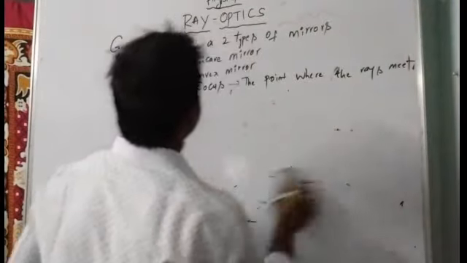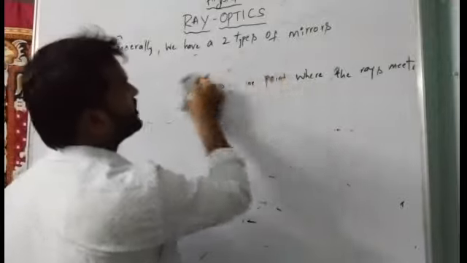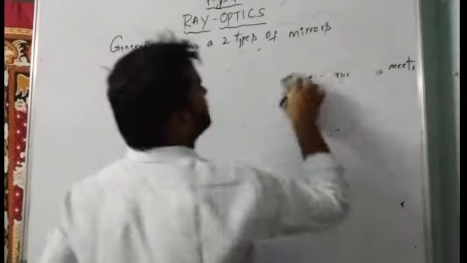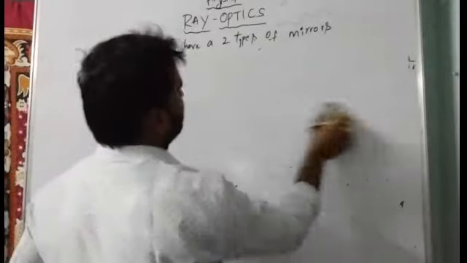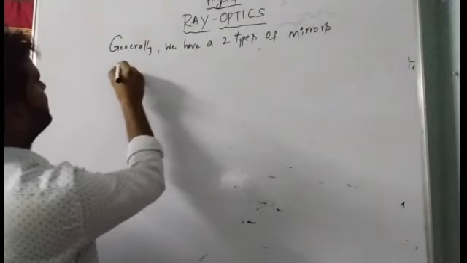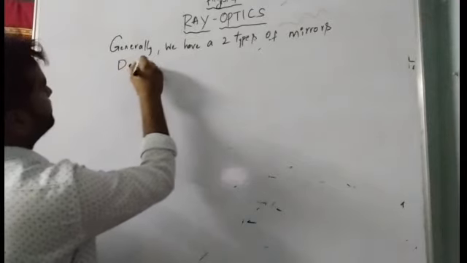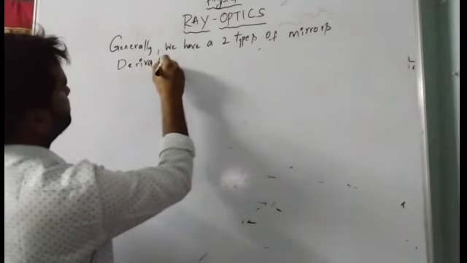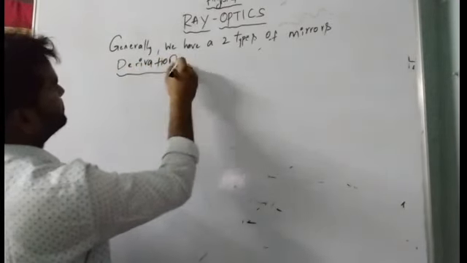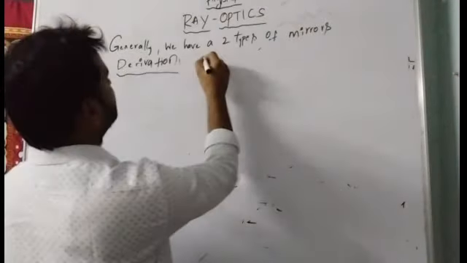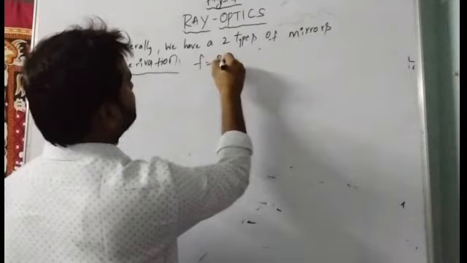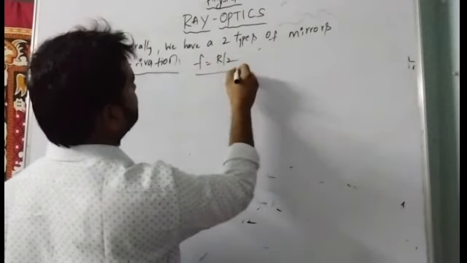For this we need one mirror, whether it is convex or concave. Now I'm going to derive the expression. See the derivation. This is a topic from intermediate second year. F is equal to R by 2.